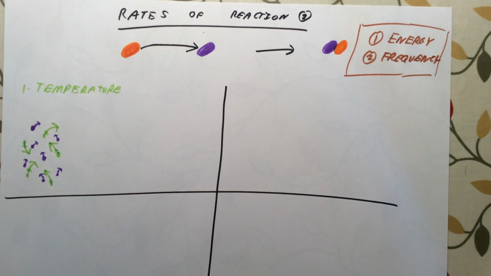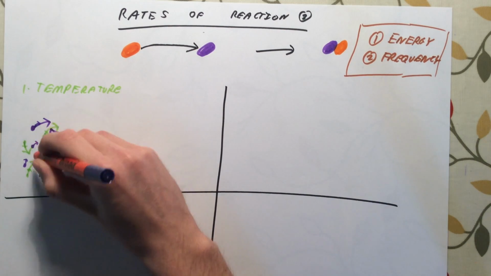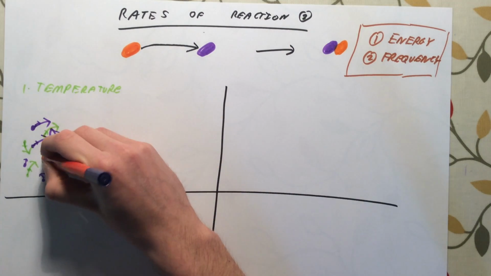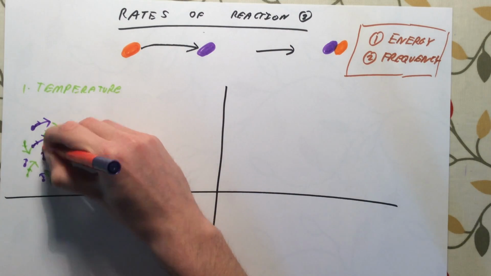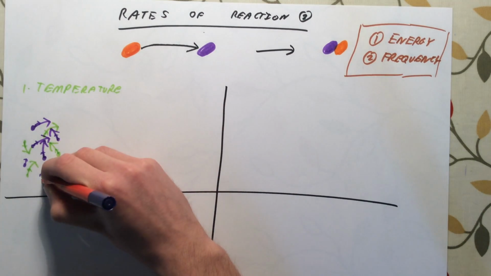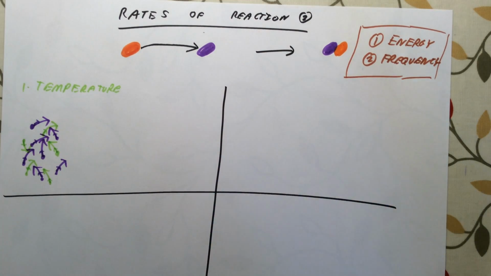What this is going to do is have two effects which will increase the rate of my reaction. The first one is that the energy of those colliding particles will increase. So now, if this purple one were to crash into that green one there, it would collide with a lot more energy. It would be more likely to cause a reaction. Not only that, but the frequency of collisions is going to increase as well.